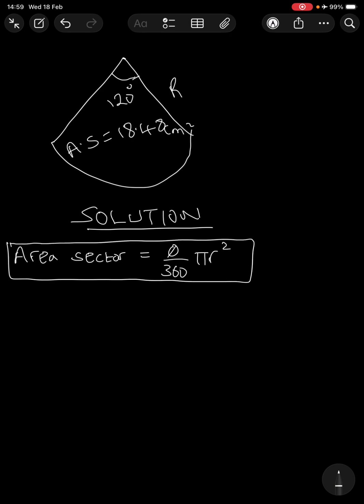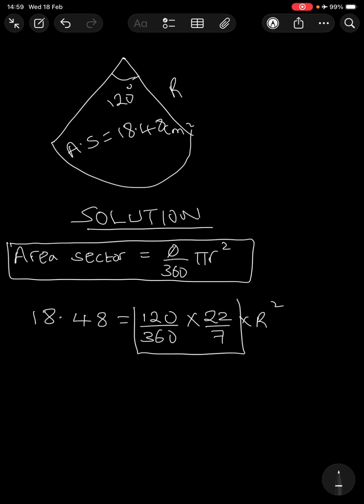Next, we substitute. Area of a sector, 18.48, is equal to theta. Theta is 120, and I said theta is the same as the angle. So 120 over 360 times pi, 22 over 7, times radius. We don't have the value of r, so we write it as r squared.